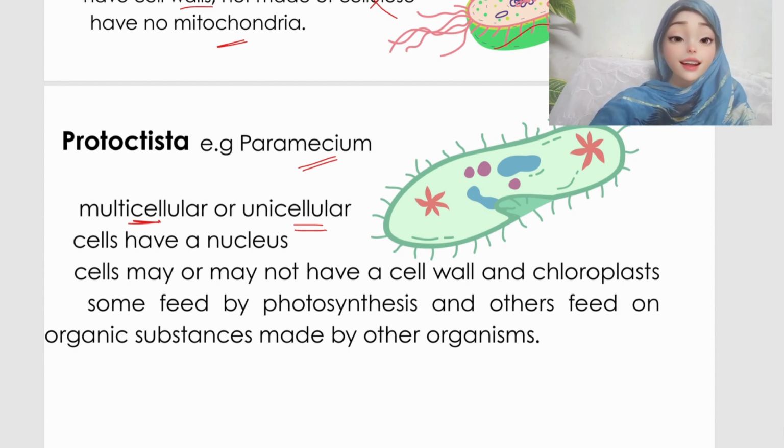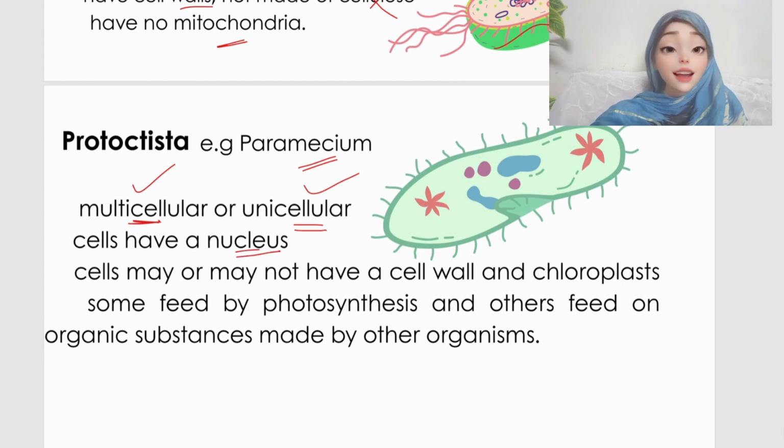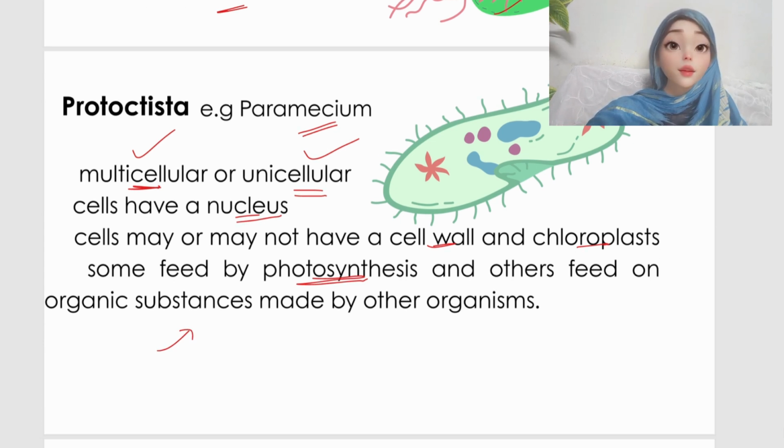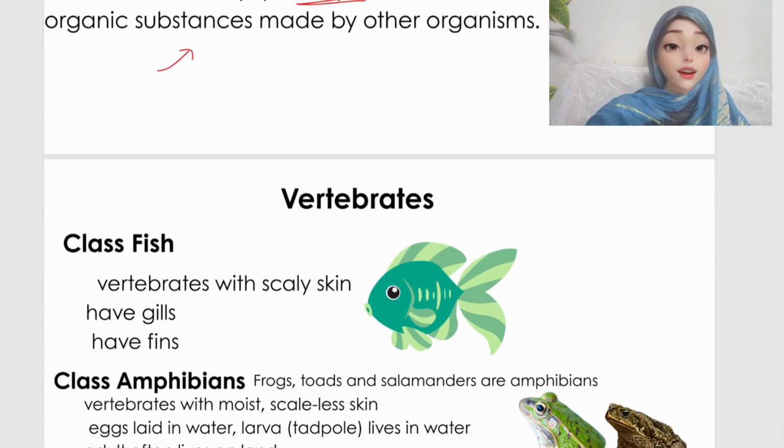The first one here is multicellular and the second one is unicellular. They contain cells having a nucleus, but this time their cells do not have a cell wall or chloroplasts, but they can feed by photosynthesis, and they also feed on organic matter made by other organisms.